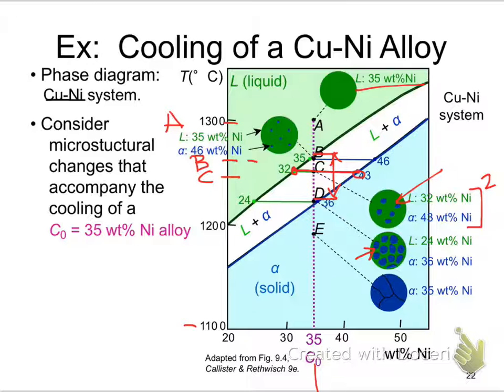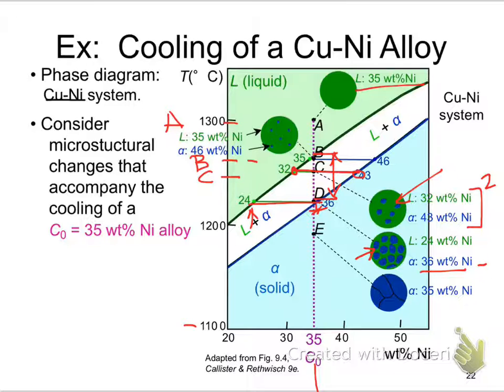But at this point, we can connect the line and know that we have 24% nickel by weight in the liquid, and we are nearly 36% nickel in the solid.